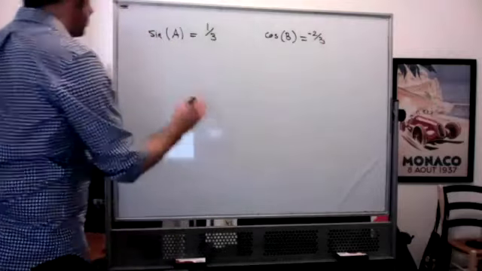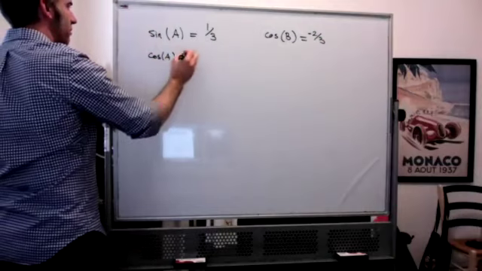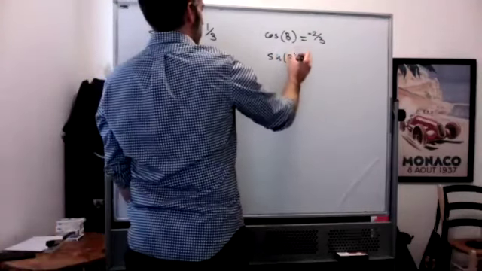I also know that cosine of A is positive. I know that sine of B is positive.